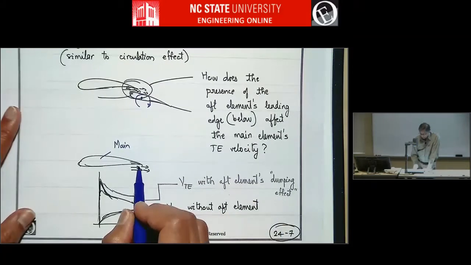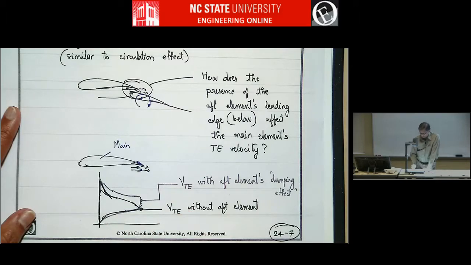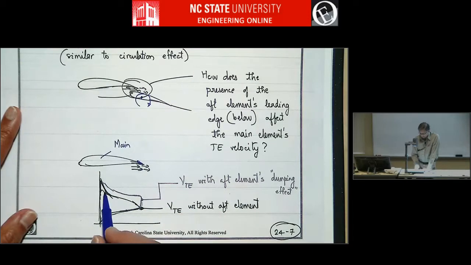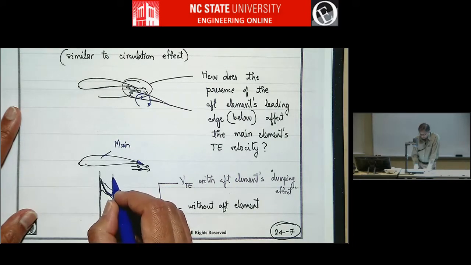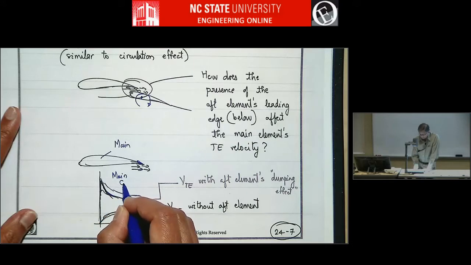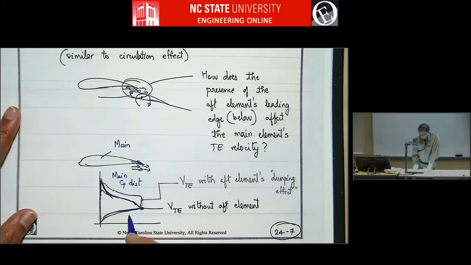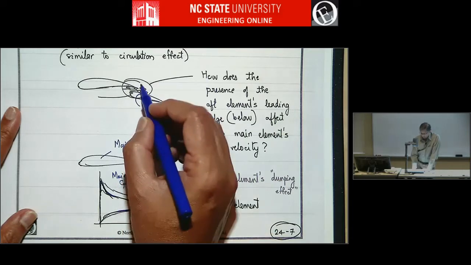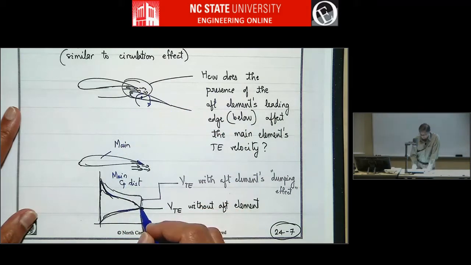And remember, from the Kutta condition, the velocity on the lower surface trailing edge should be the same as the velocity on the upper surface trailing edge. So if you have this as the CP distribution on the main element, this is the velocity without the aft element. With the aft element, there is an increase in speed, so this moves up here.